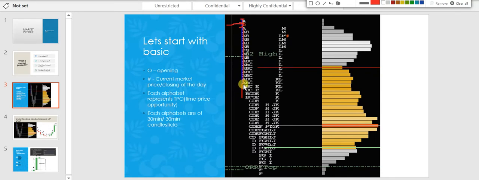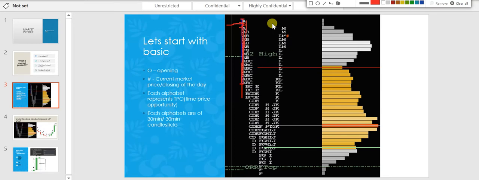Or it moved till here in the beginning and then moved upside. So we don't know what exactly the candle looks like. It just gives you how the 30-minute candle moved.